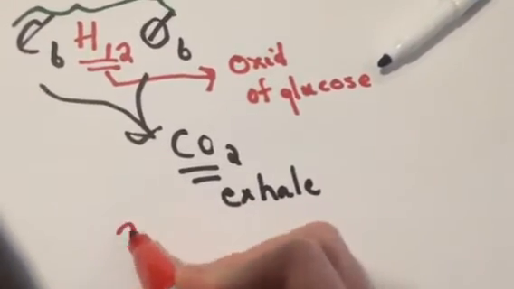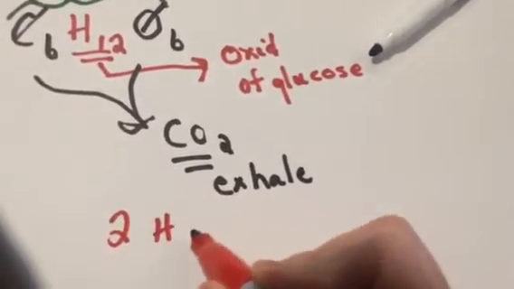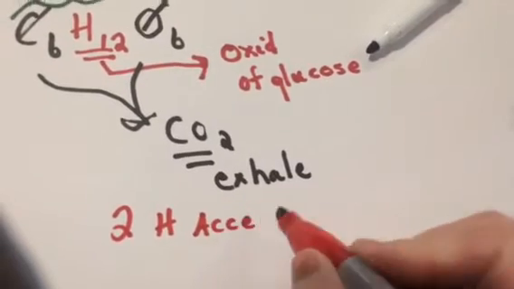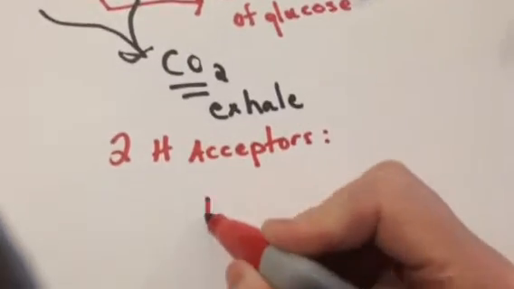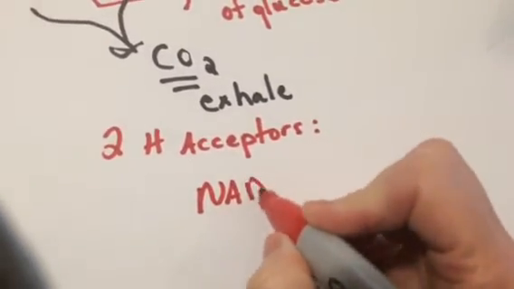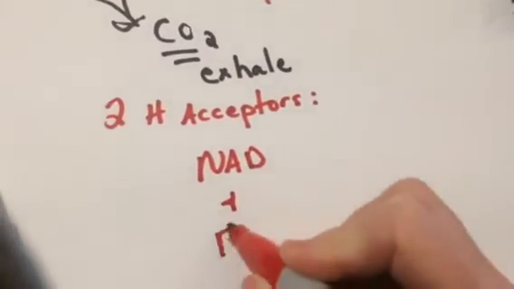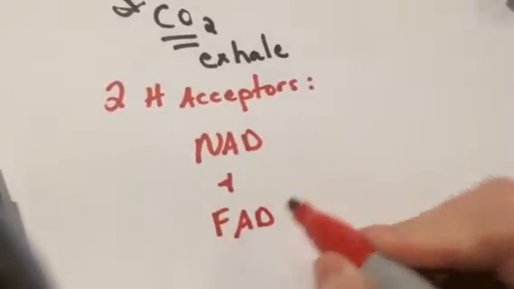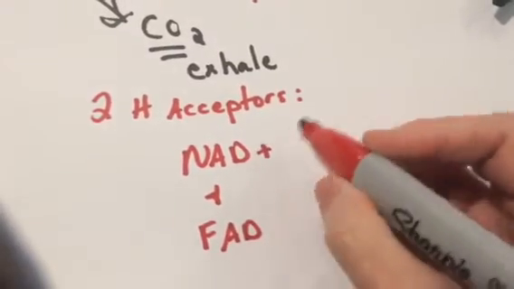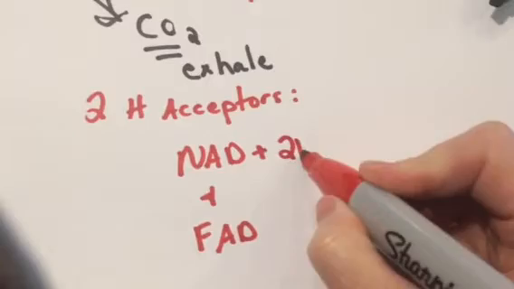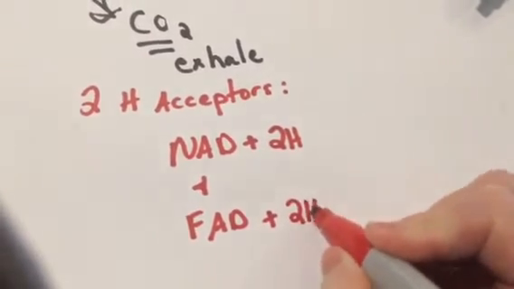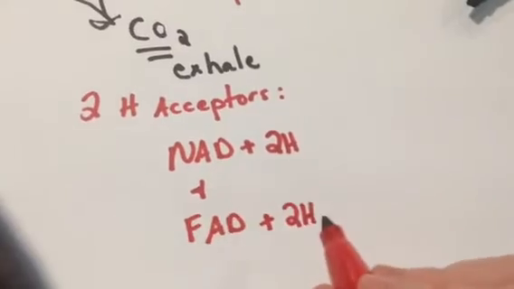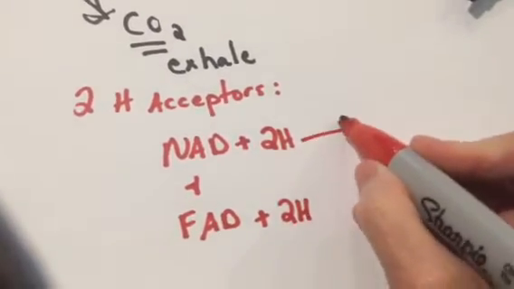So the 2 hydrogen acceptors that are used in aerobic respiration are NAD and FAD. And NAD and FAD both will accept hydrogen 2 at a time. So they will actually accept 2 hydrogen at a time.